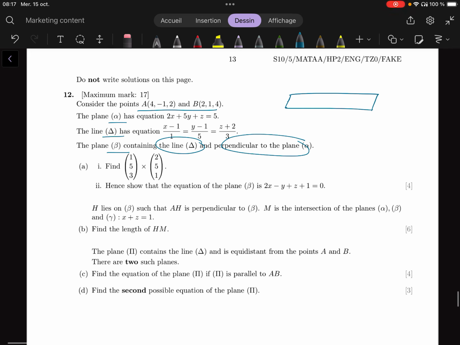Okay, so let this be one plane. This is the second plane. If this is alpha, this is beta. We know that the line delta is in the plane beta. It is contained in the plane beta.